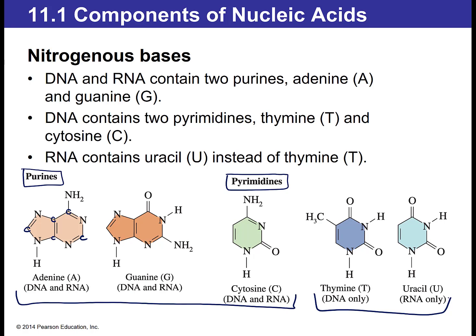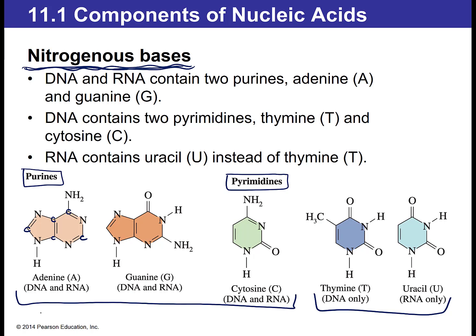So you have T's in DNA, you have U's in RNA. They call these nitrogenous bases. They're just organic molecules that have a lot of nitrogen on them. So again, there's carbon, there's nitrogen, there's oxygen, and there's hydrogen. So you have four of the main elements like you see with proteins.